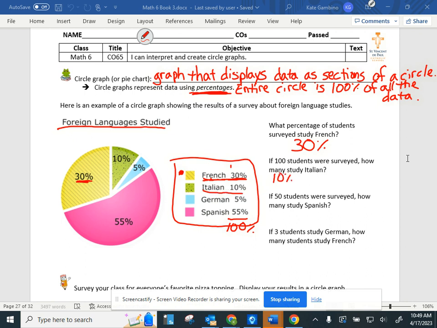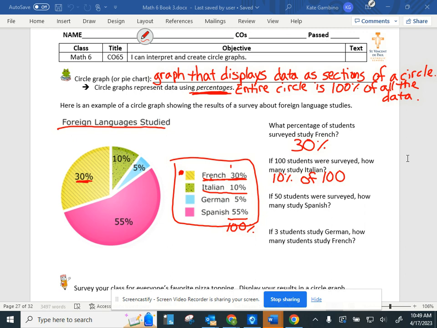So we see Italian is 10%. What is 10% of 100? Matthew? Nope. Amelia? Nope. James? 10. How did you get 10? Because 10% of 100, it's basically 10 out of 100.